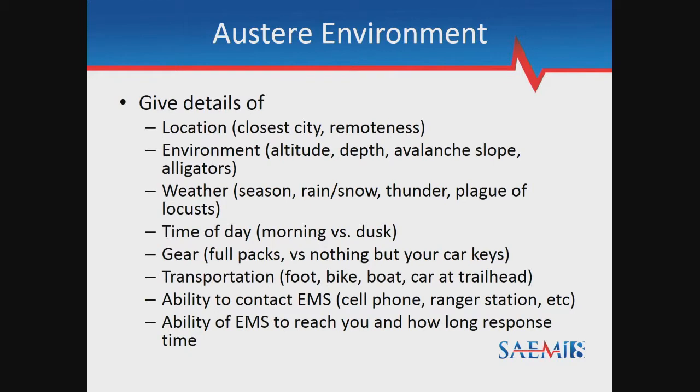Is it about to be dark, and you're going to have to think about keeping somebody out overnight? What gear do you have with you? Do you have a full pack or nothing? Did you just go out on a trail run with nothing but your car keys and run across somebody who needs help? What transportation do you have? Who are you going to call, and how long is it going to take them to get there?